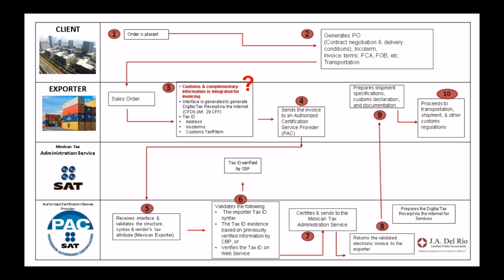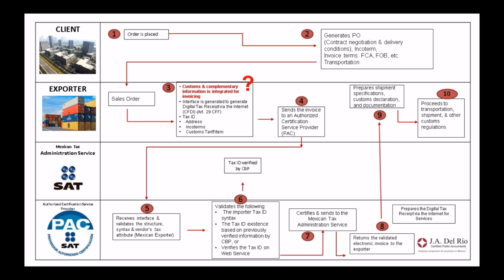It automatically creates a PO for the Mexican entity, and it determines the Incoterms, the invoice terms, the transportation agreements, and everything. Once that is done, it is very important to have the customs and complementary information integrated for the invoice.